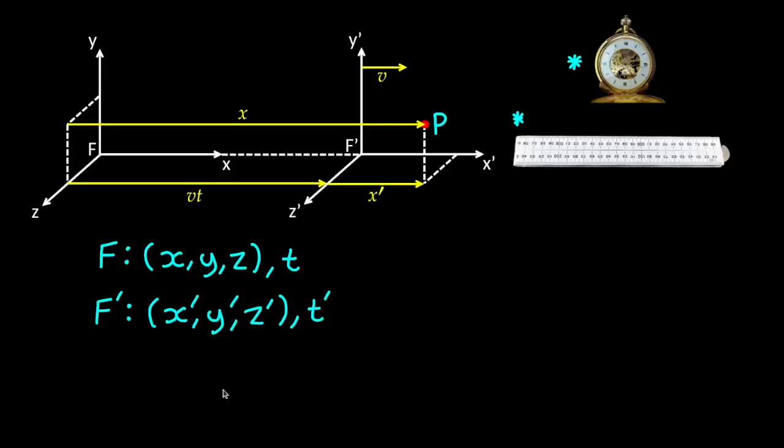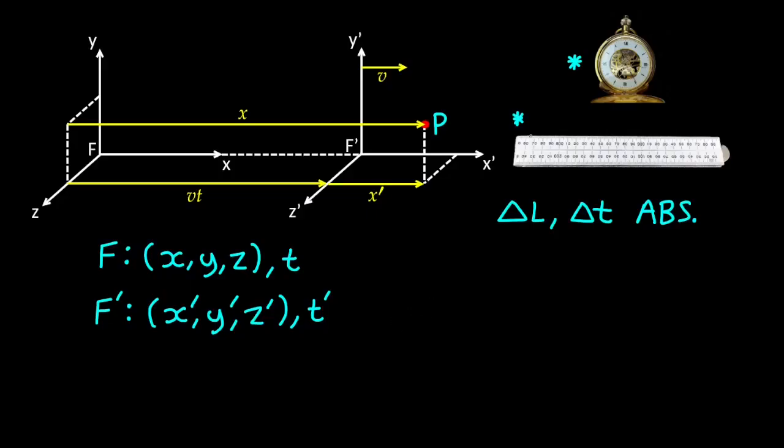So what we want is the relationship between these measurements, and we assume that the two observers in the inertial frames use meter sticks that have been calibrated against each other, and the clocks that they use are also synchronized and calibrated with each other. In classical mechanics, we assume that length and time intervals are absolute, and we're going to show that they're the same for all inertial observers of the same events.